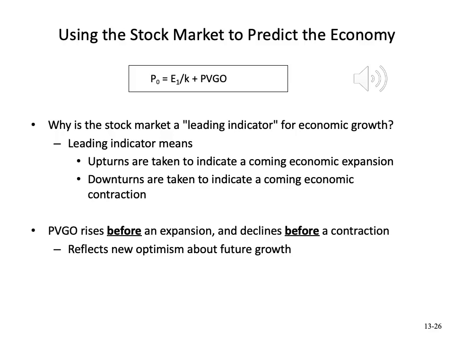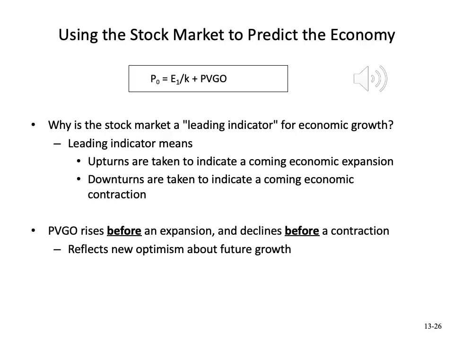People often use the stock market to predict the total economy because the stock market is a leading indicator for the economy's growth. Leading indicator means the upturns in the stock market mean a prediction for the coming economic expansion. The downturns in the stock markets are taken as a signal of a coming economic contraction.